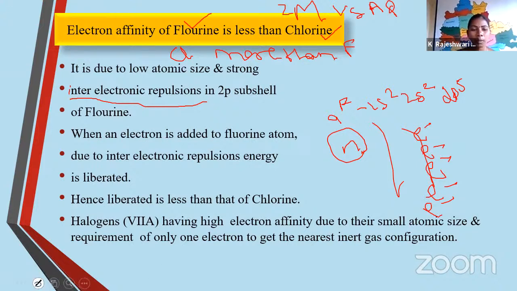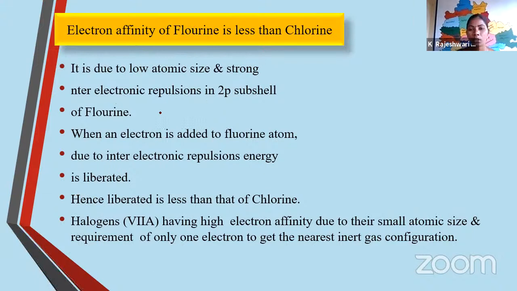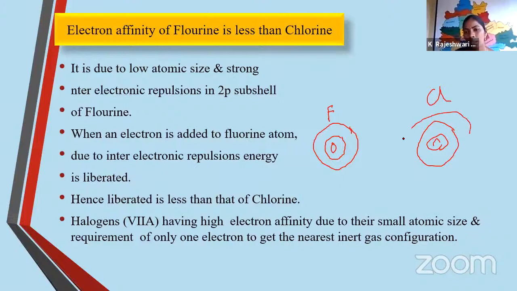If you consider chlorine, fluorine has a smaller size. See here, only 2 shells are there. But chlorine has a first shell, second shell, and third shell also.